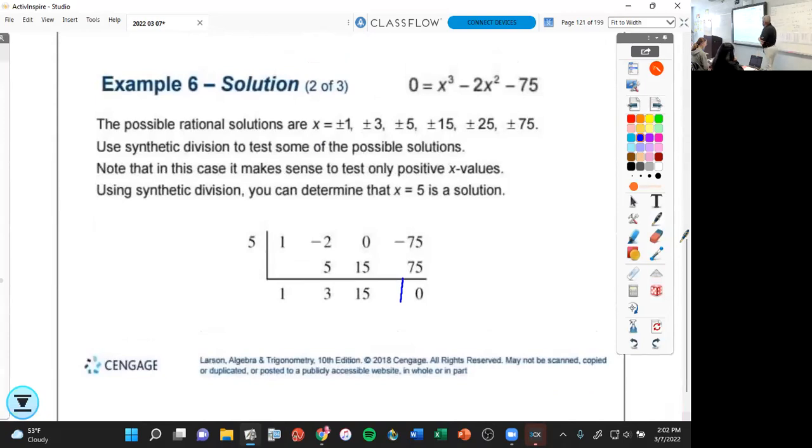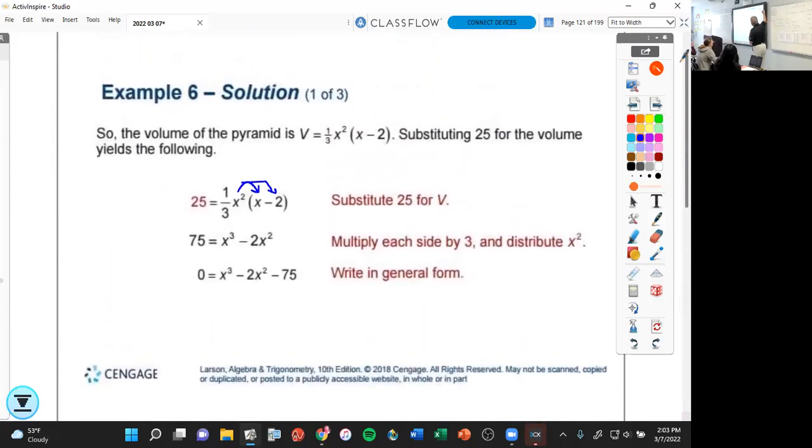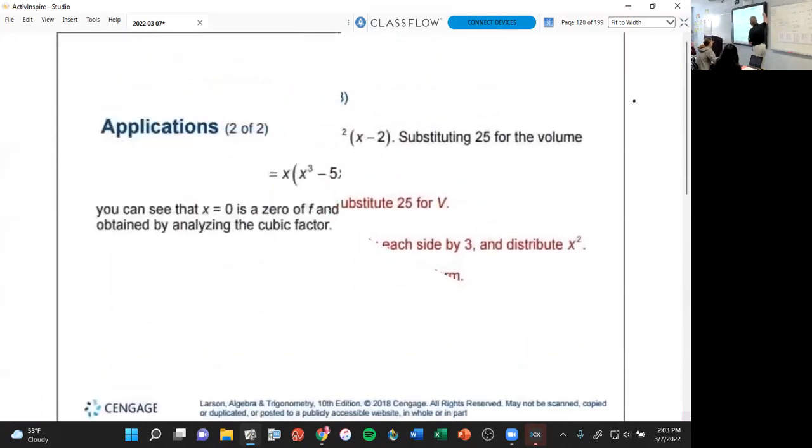So I know that 5 is 0 this, and this makes sense now. So 5 is a solution, so 5 is the length of the base. How tall is it? How tall is the candle? Go back to the question.